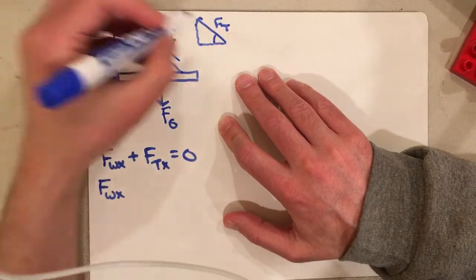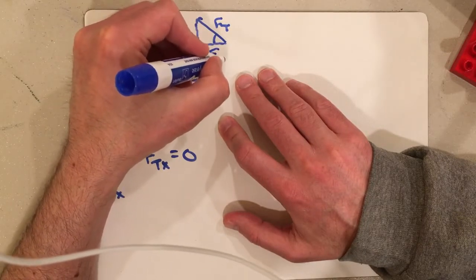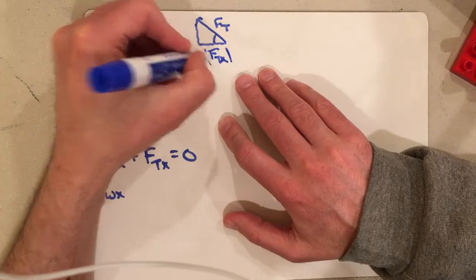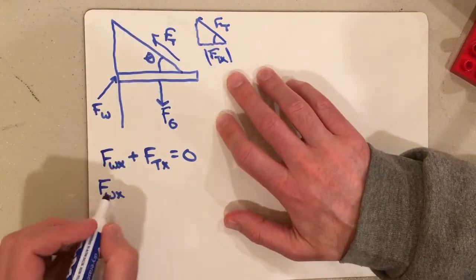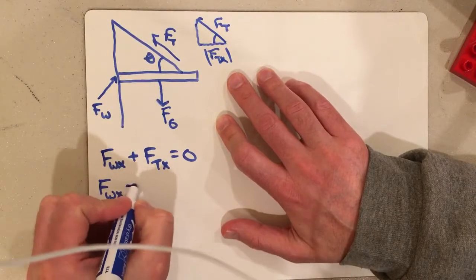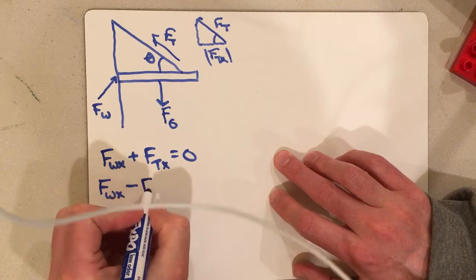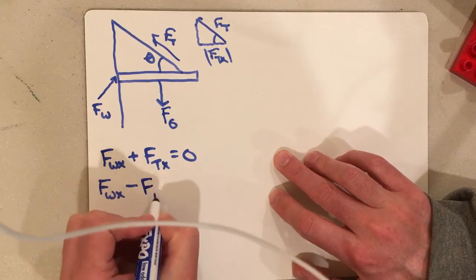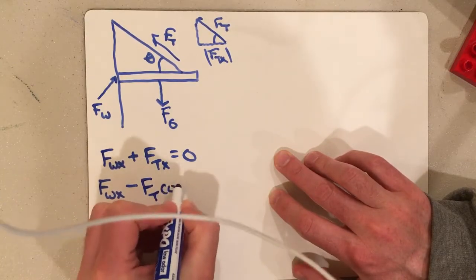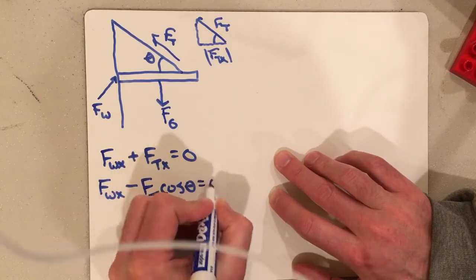That's the angle theta. I know this down here is Ftx, technically the absolute value of it. So that means that's the adjacent side. This is going to be minus because it's going to the left. So this is minus Ft. Adjacent means cosine. And that has to equal 0.